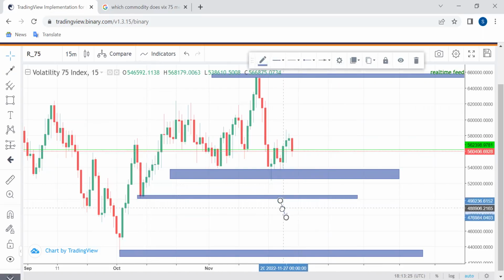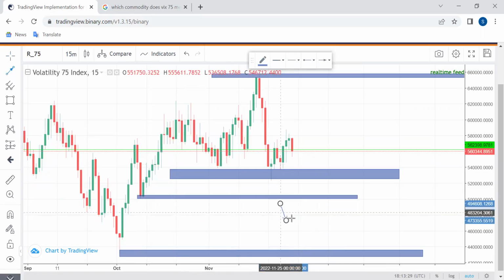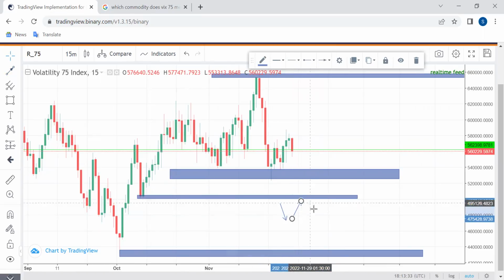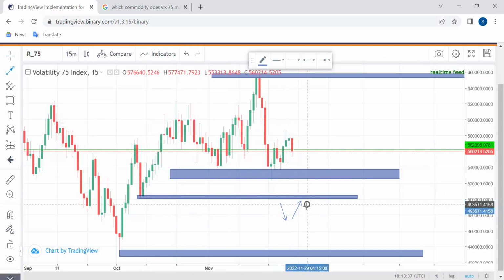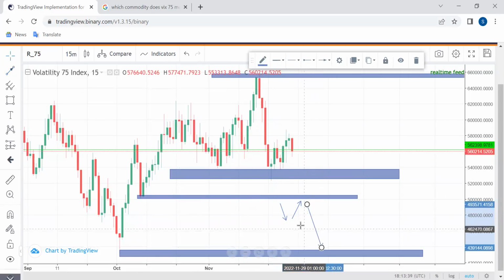If it breaks it, I will wait for it to come back to retest. If the candlestick closes below, I'll place another sell. Then move all the way down. Then in this area over here, I would probably place, say, 2 to 3 trades, but that is according to your capital size.